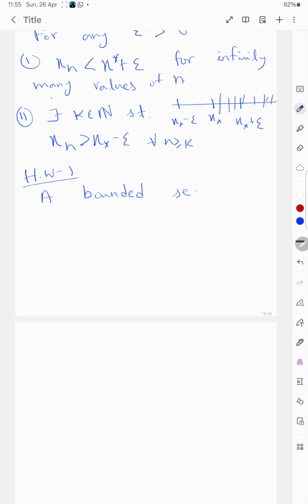So a bounded sequence is convergent if and only if limit infimum of xn equals limit supremum of xn. So this is your homework.